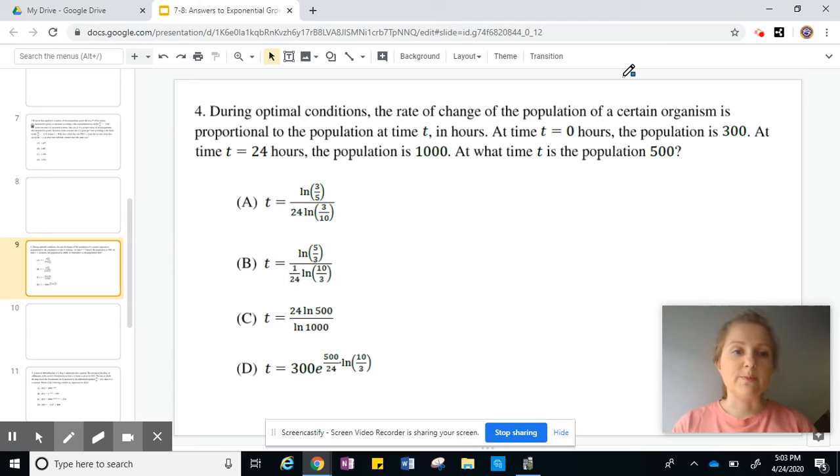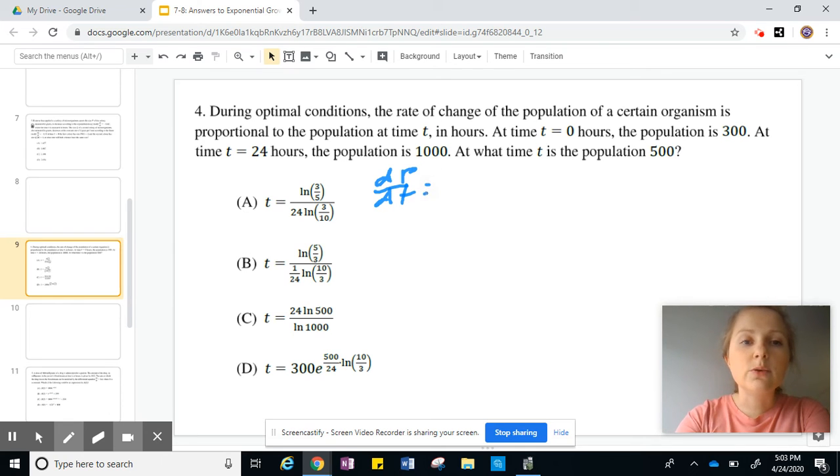So let's use P for population. So dP dt equals K times P. At time t equals 0, population is 300. So again, we're dealing with y equals c e to the k t, where c is 300.